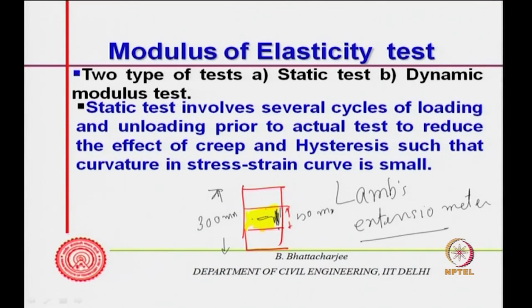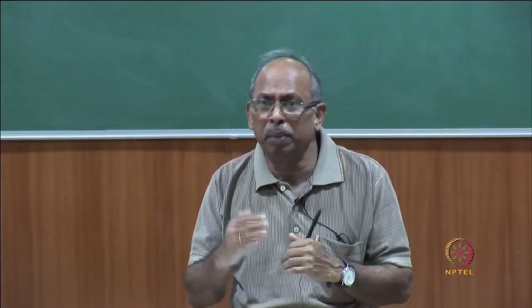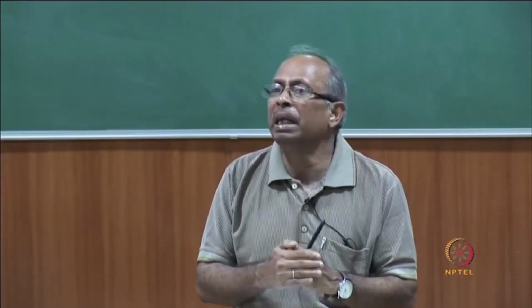Within the small range. But before doing that, you crush the cylinder to find out the FCYL, the cylinder failure strength, and then load it up to 1/3 of FCYL, that is the cylinder strength, and then unload it. These cycles were repeated so that, first of all, there is no deformation right in the beginning because of plate settling down and things like that.